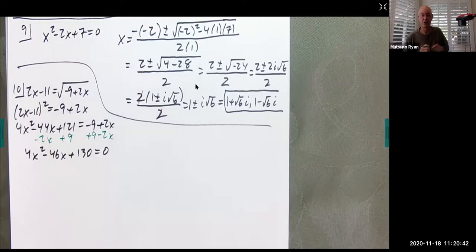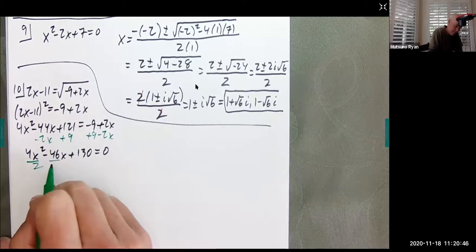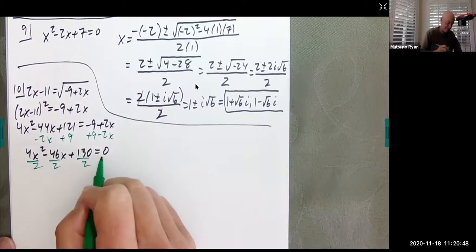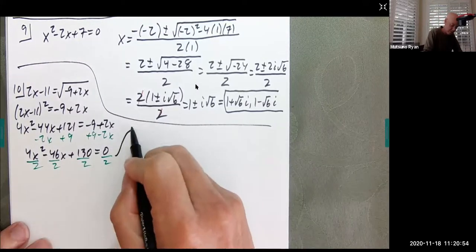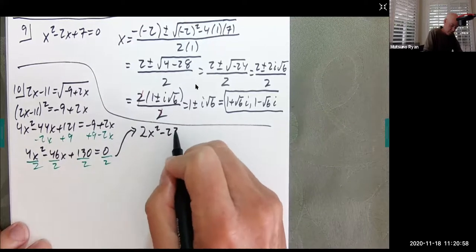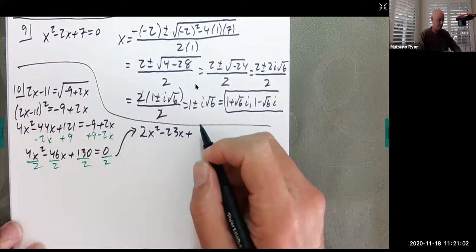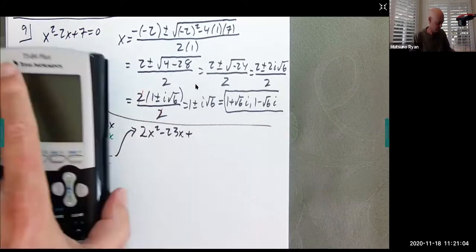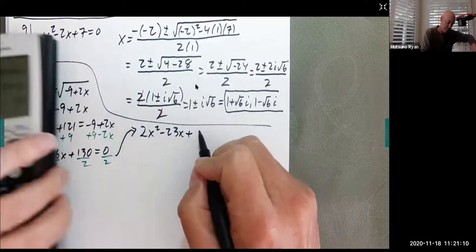So I can actually divide a 2 out, make the numbers a little smaller for me. Half of 130, 130 divided by 2, is 65.